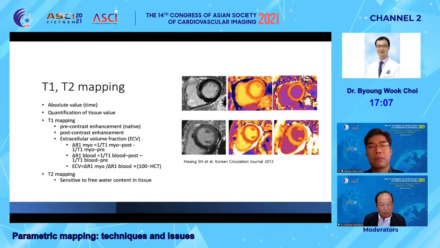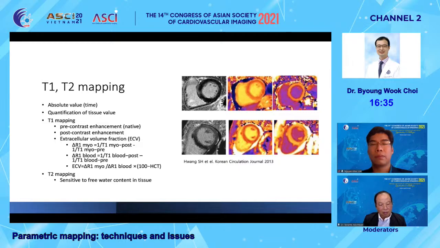Native T1 map represents a composite signal from both the intracellular and extracellular compartments. Post-contrast T1 value is affected by many factors such as contrast kinetics and hematocrit, so it does not serve as a reliable biomarker. However, ECV fraction can be calculated from pre- and post-contrast T1 maps with this simple formula, and ECV is not significantly affected by contrast kinetics.